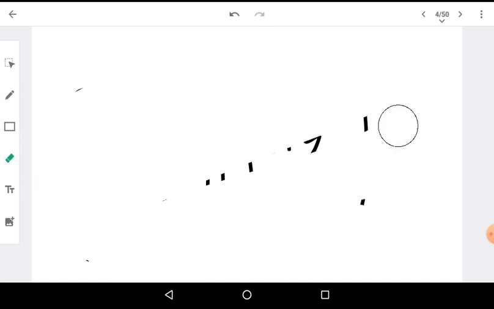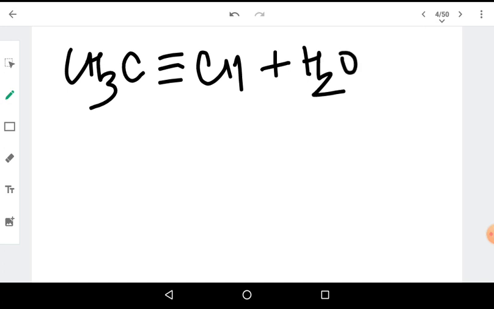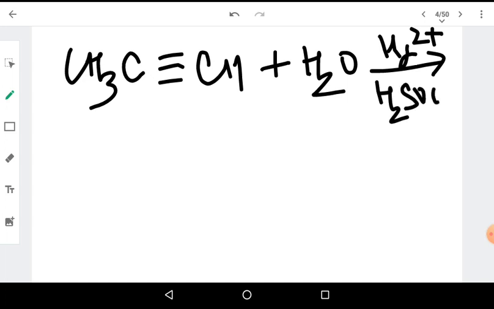Now how to prepare aldehydes and ketones from alkyne? So it is CH3C≡CH, right? We have to add water to it in the presence of Hg2+ and H2SO4. At that time, there is Markovnikov's addition. So this side is deficient in hydrogen, right?